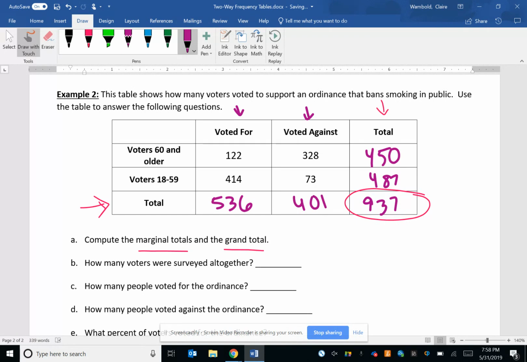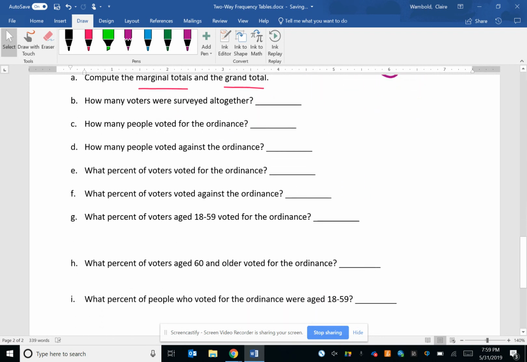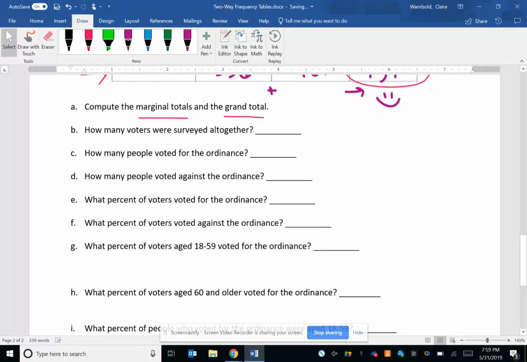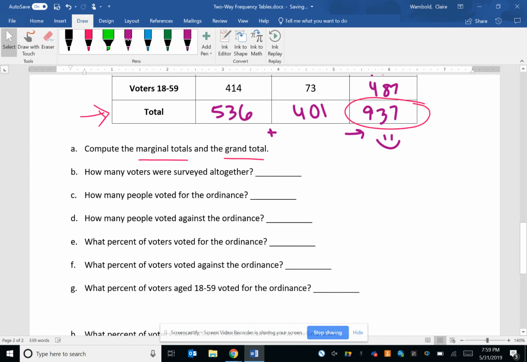So double checking here, I'm just going to make sure 536 plus 401 adds up to 937. Good, my totals match. So if your tables and your totals also match, I suggest right now pausing the video and trying questions B through I and checking back in the video to make sure you've got it.